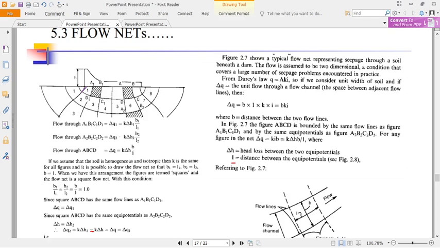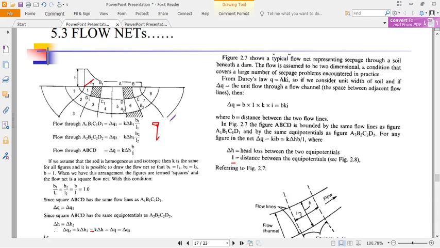The area is B times 1 per meter width of this dam. If we do a 3D per meter width, it assumes that in this section here we have a meter. So per meter, this is B.